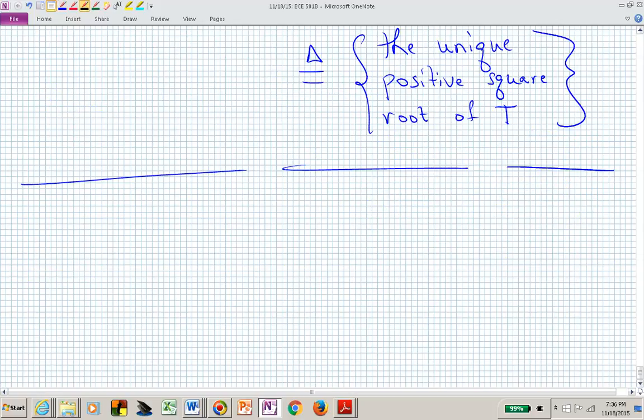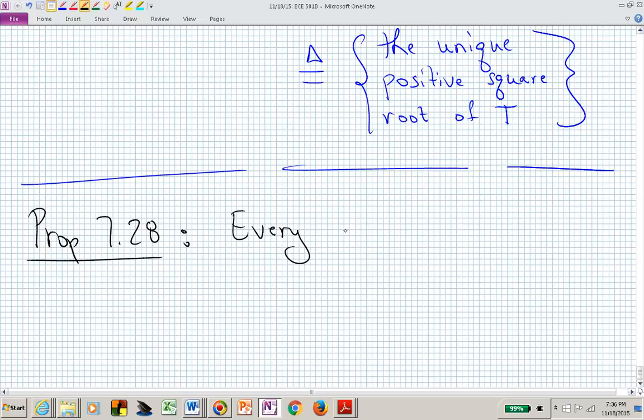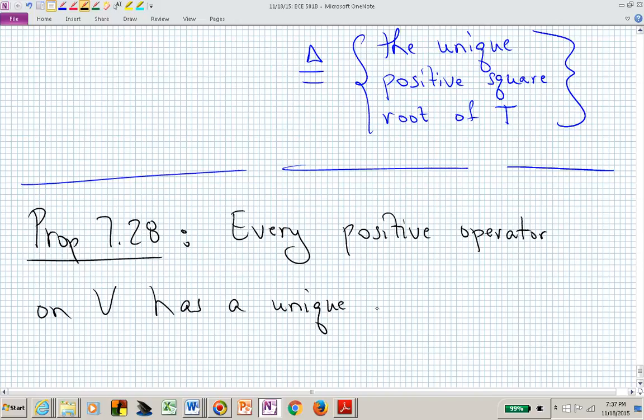That now allows us to get to proposition 28 in chapter 7, and that is that every positive operator on our vector space V has a unique positive square root.